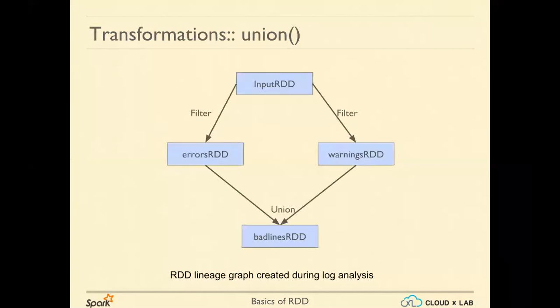So we could create two RDDs, one by filtering to detect which lines are errors, and the other by detecting which lines contain warnings, ignoring the rest of the lines, and then concatenating them. You might argue at this point that we could have done it in a single filter step. Yes, we could have done both of these without union.